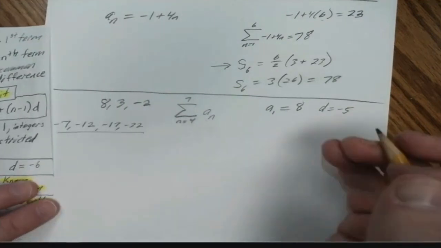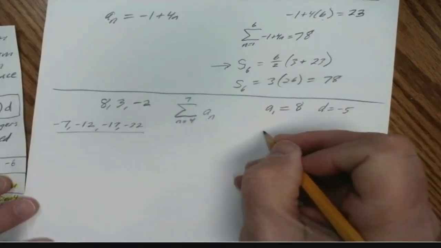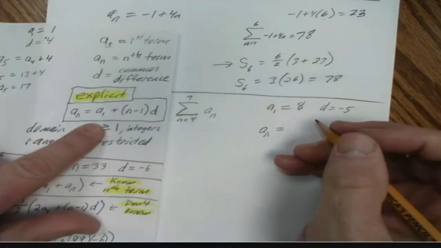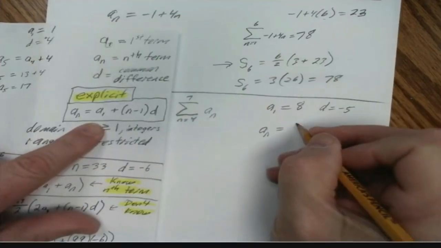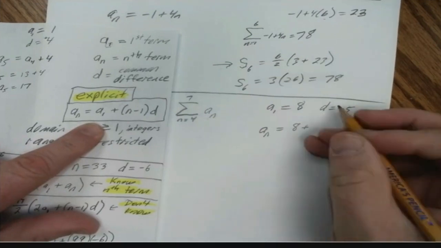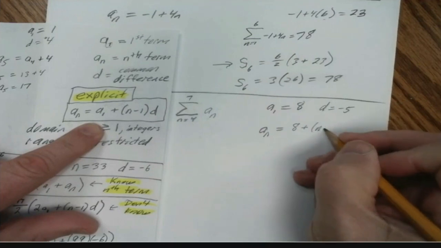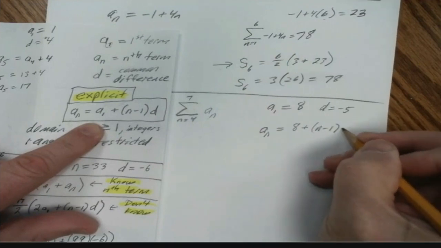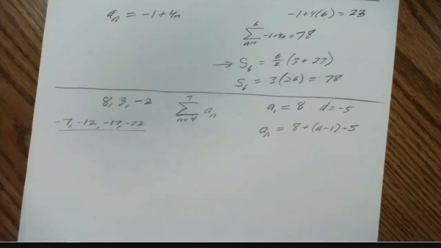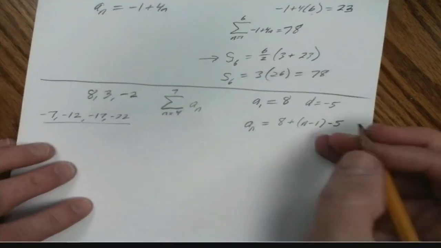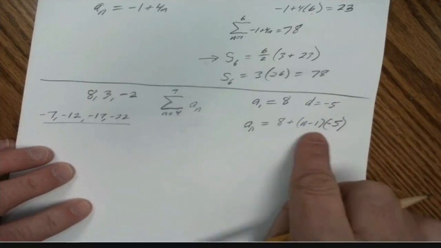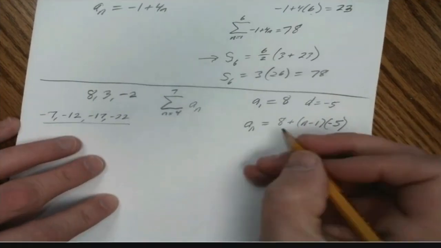So A sub n would equal A1, which is 8, plus n minus 1 times -5. This is times -5, so I need to put that in parentheses. These two are multiplied together.